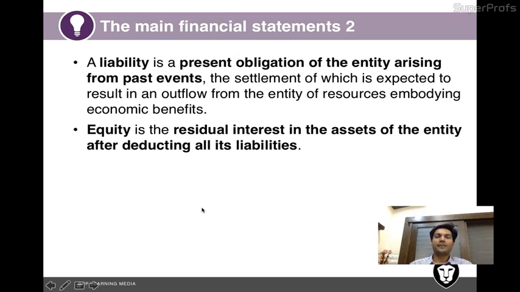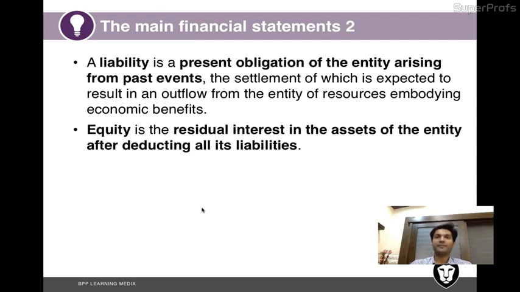Now what is a liability? A liability is a present obligation which is on your balance sheet arising from the past event. That means you have taken a loan in the previous year, right? And now you are going to pay something in the future.